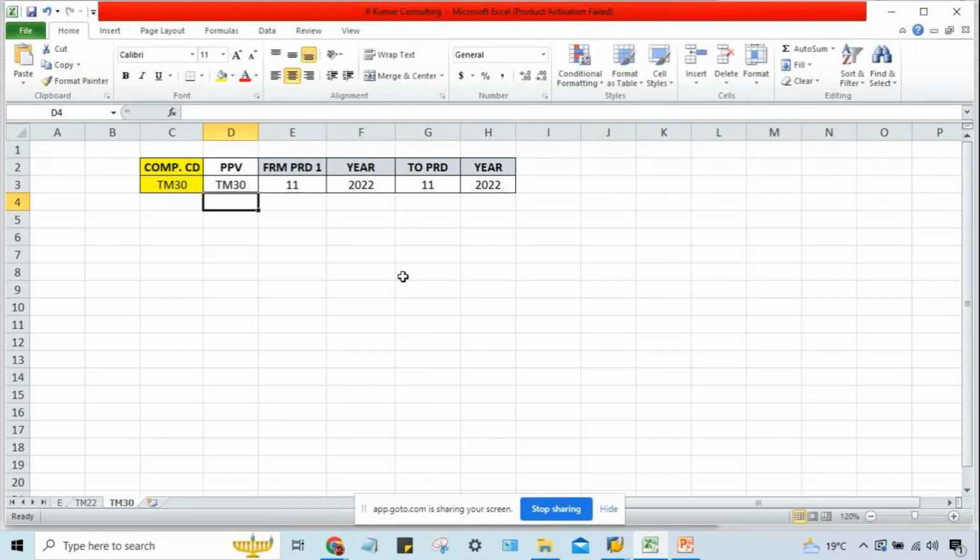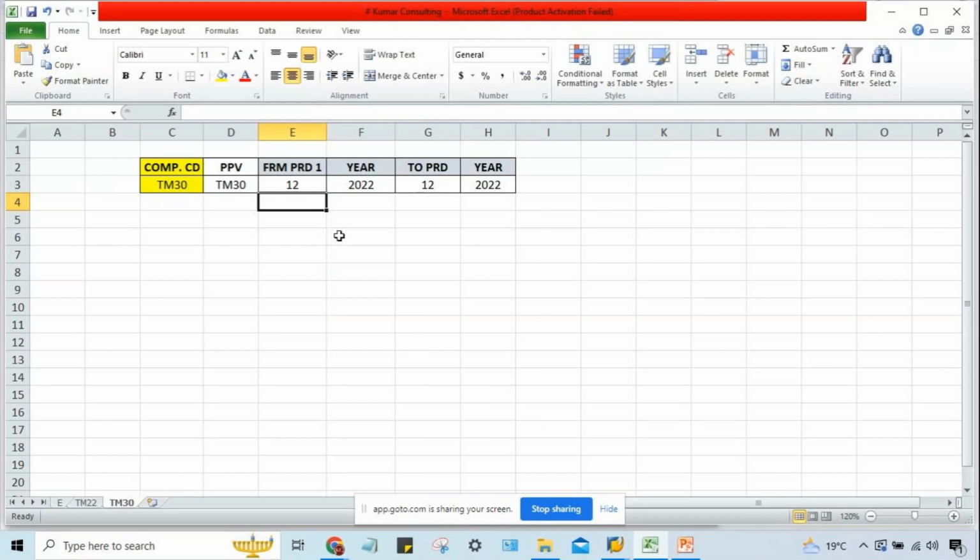So the 11th period means now what is happening? The transaction posting is possible in November 2022, right? The 12th period means transaction posting is possible only in December 2022. If somebody is trying to post in November, the system will not allow.